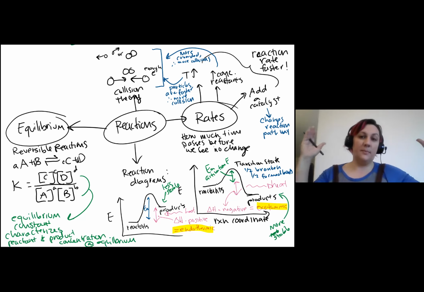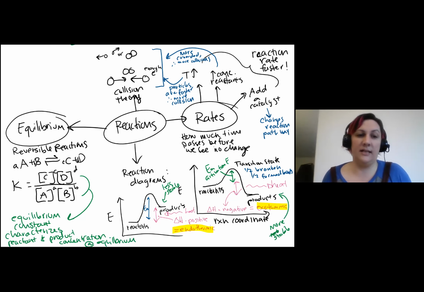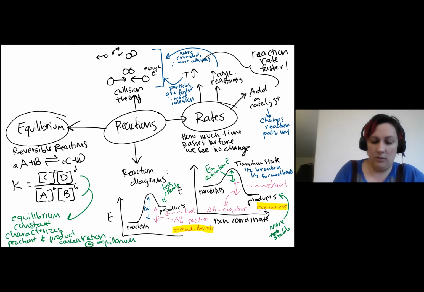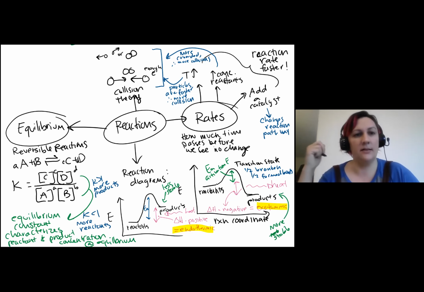So it characterizes the reactant and product concentrations at equilibrium. It's like a ratio. So that means that if K is less than 1, we have more of our reactants than products. And if K is larger than 1, we have more products. And if it's equal to 1, we have the same amount of reactants to products.